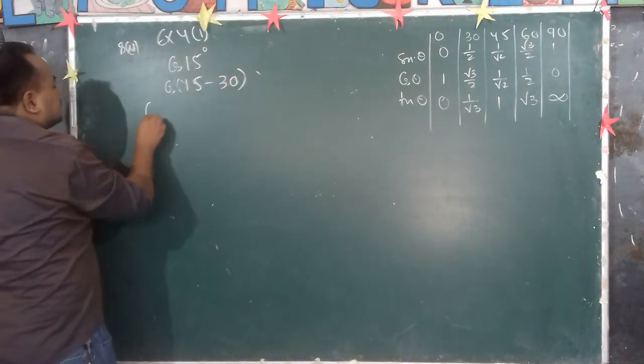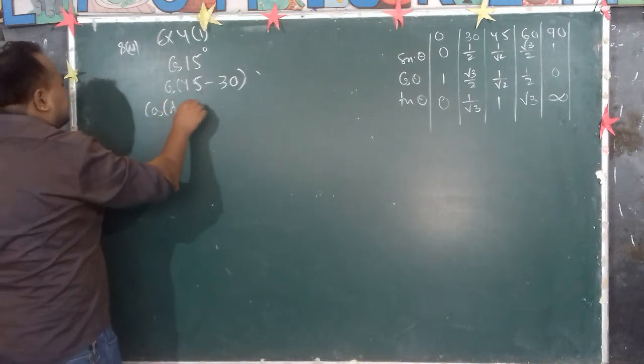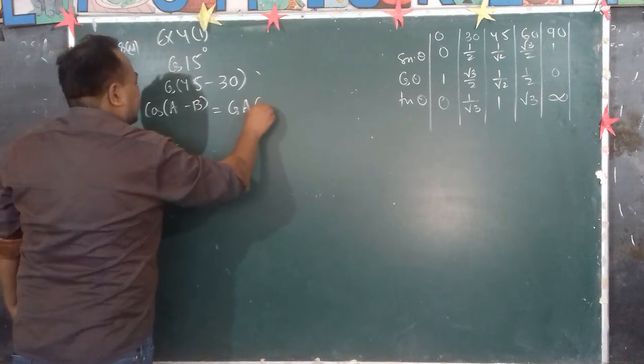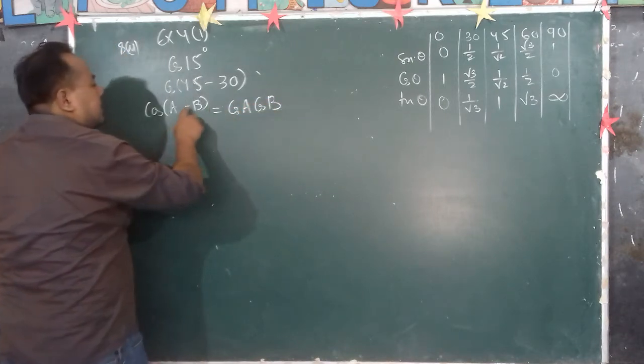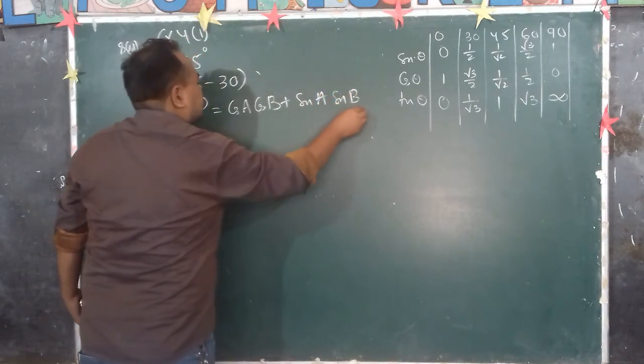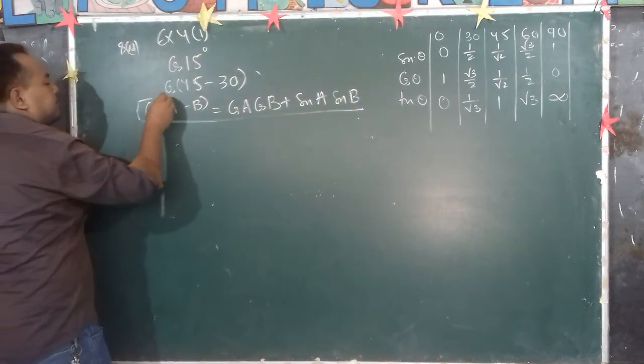So this becomes cos A minus B. What is cos A minus B? It is cos A cos B, and since it's minus, it's going to be plus sine A sine B. So this is the formula I'm going to use.